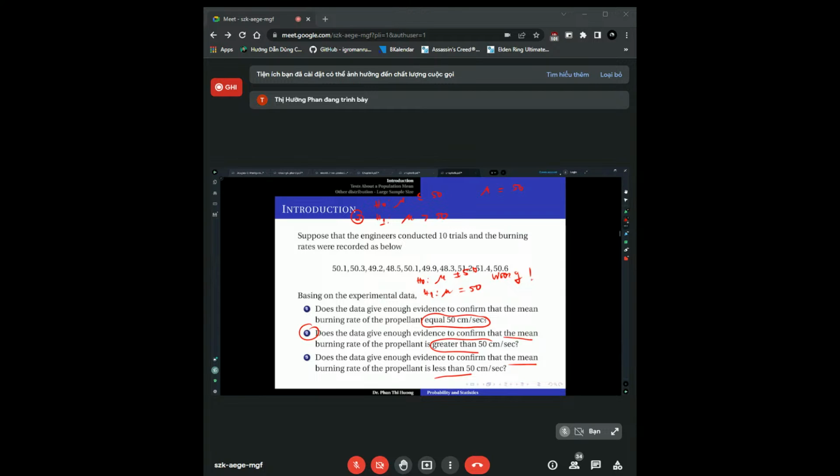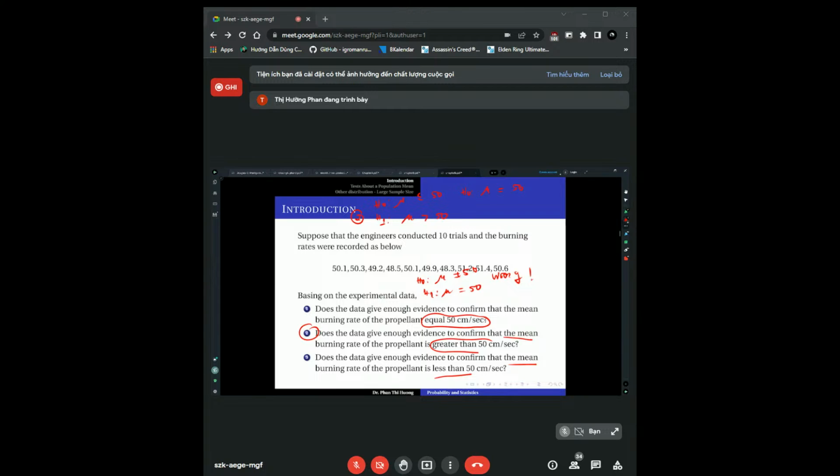So conventionally, of course, writing mu less than or equal to 50 is still correct. But in some books, and especially during this course, I prefer to write mu equals 50 only. We don't care whether it is less than 50 or greater than 50.